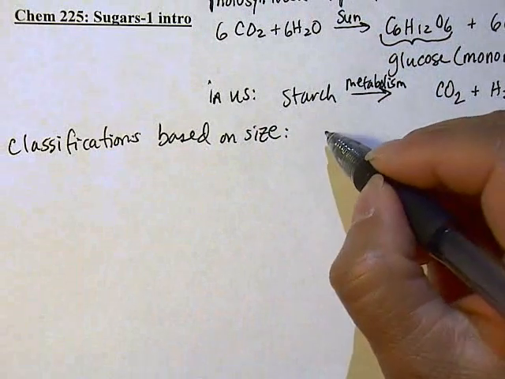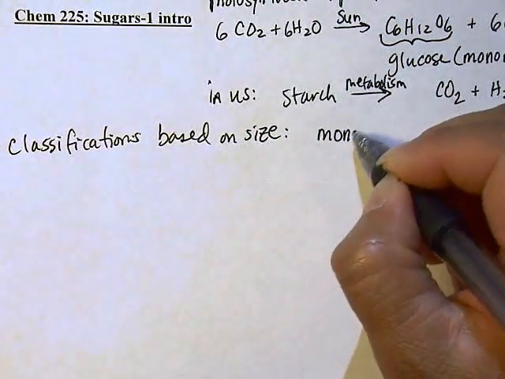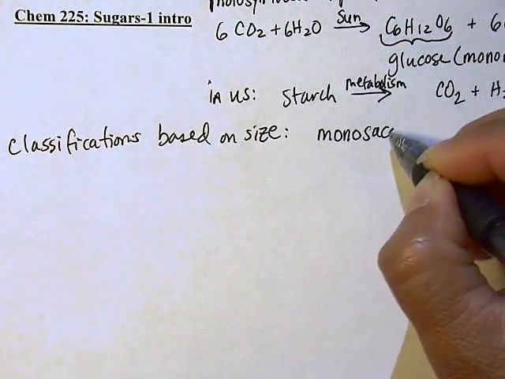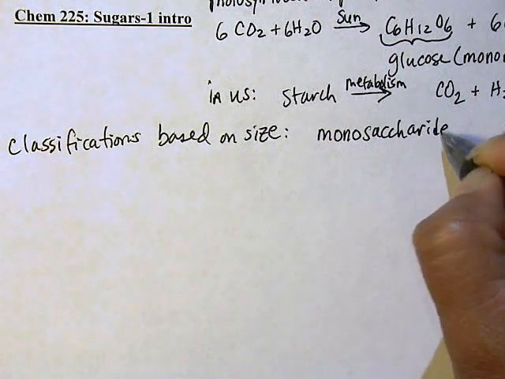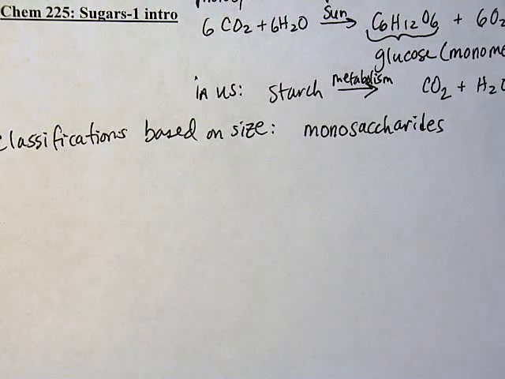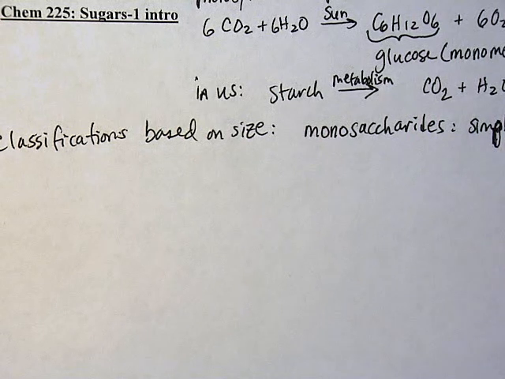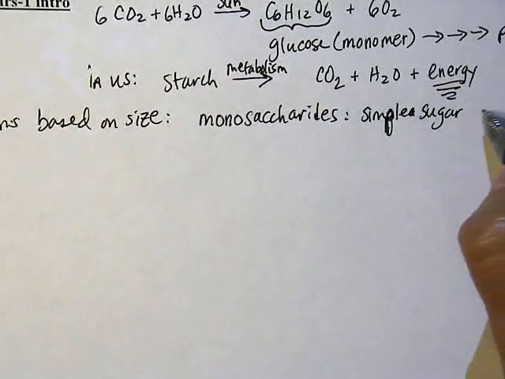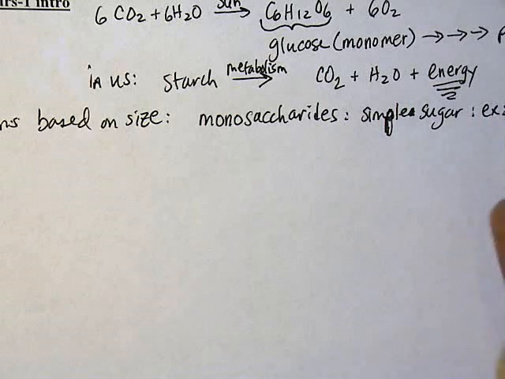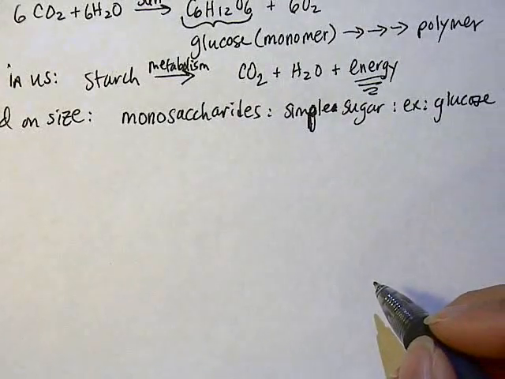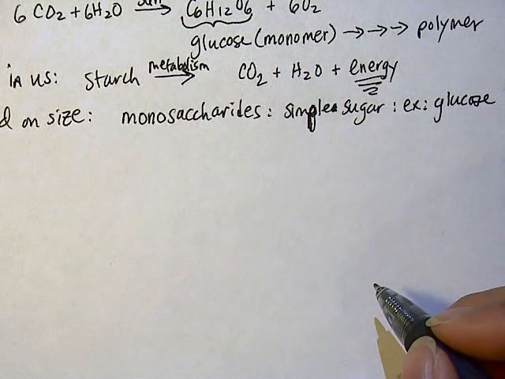All right, so we have the simplest, which are called monosaccharides. These are the simple sugars. An example of that would be, for example, glucose or fructose, or a lot of names you've heard of.